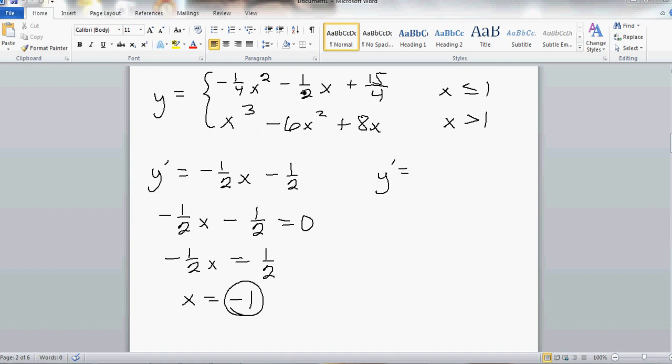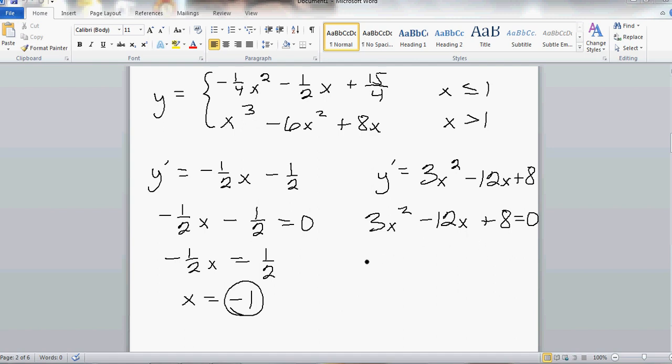And then taking the derivative here, this becomes 3x squared minus 12x plus 8. And unfortunately, this doesn't factor, but we do need to still set it equal to 0, and so we will have to use the quadratic formula.